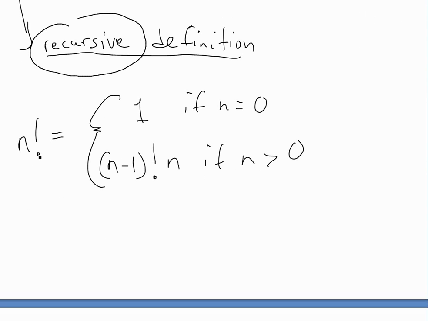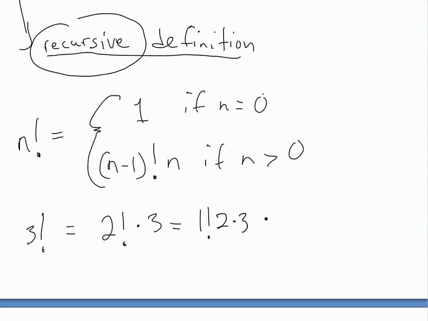So for example, if you had 3 factorial, n is not equal to 0, so this would be equal to n minus 1, which is 2, so 2 factorial times 3. And 2 factorial will be equal to 1 factorial times 2, so that's 2 times 3.